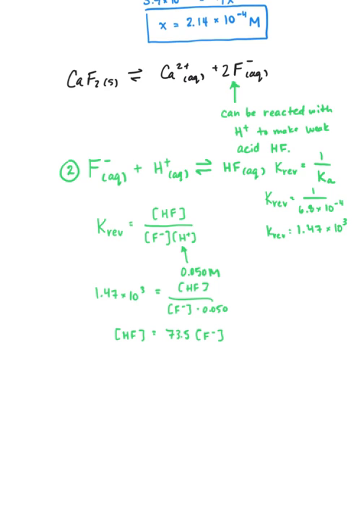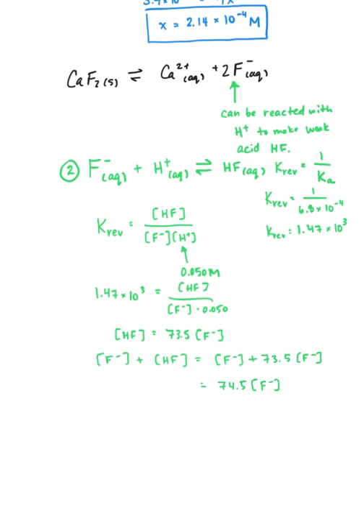The fluorides that calcium fluoride produces plus all of the fluorides that are wrapped up in HF is given by the concentration of fluoride plus 73.5 times the concentration of fluoride. That's how much is wrapped up in HF. This is the total fluoride concentration.